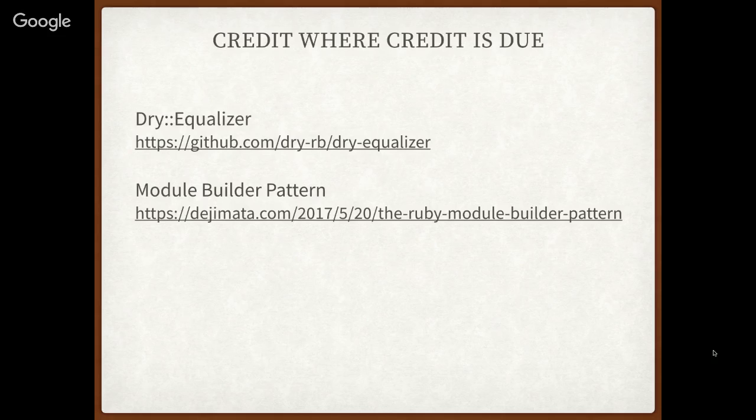A lot of this information is also in a great blog post, and he calls it the module builder pattern, and that's probably what you'll hear it called if you're looking around lately at blogs. I thought this one was probably the best explanation. He actually builds one that's a dynamic adder of different things, and I think that's really interesting.